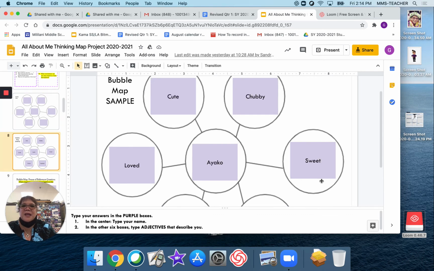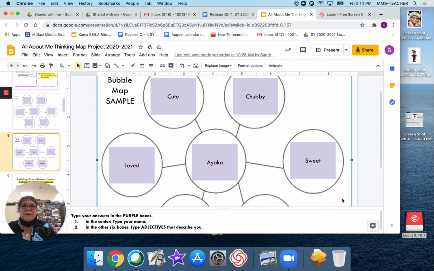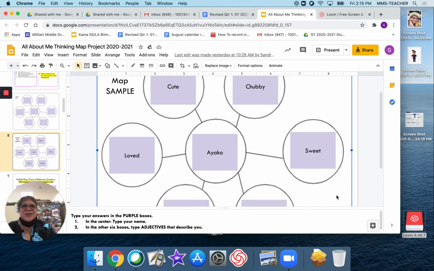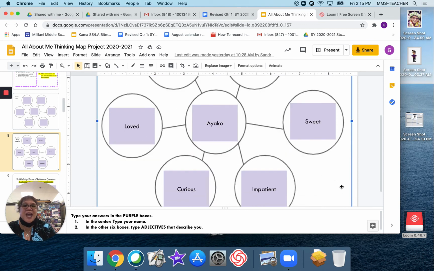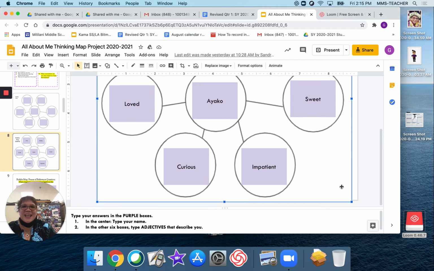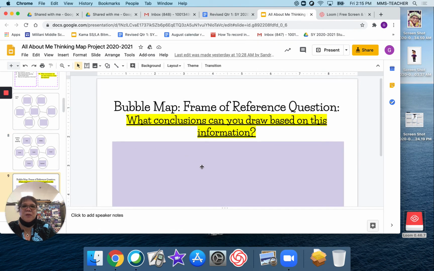Here again, if you notice the example, you have Ayako's name, and the best adjectives that describe her are chubby, cute, loved, sweet, curious, and impatient. Now let's take a look at the frame of reference for the bubble map.